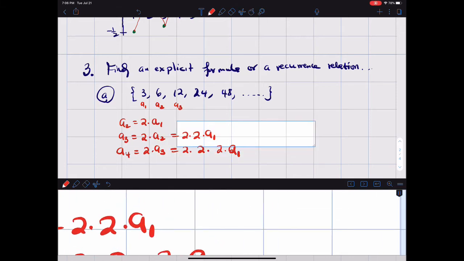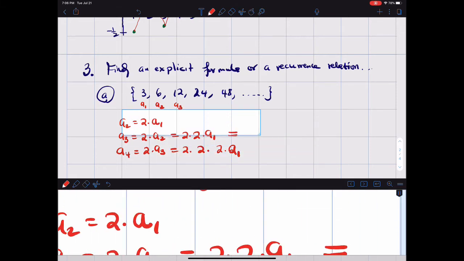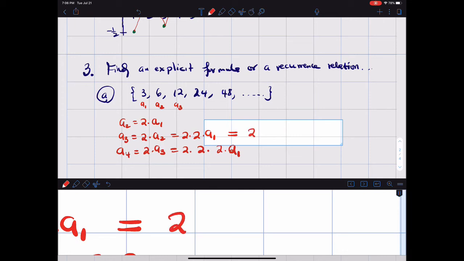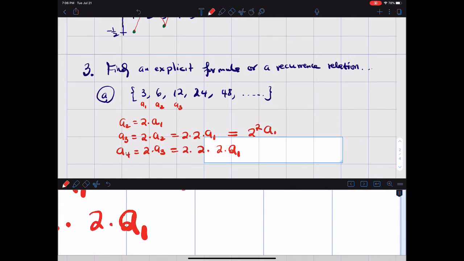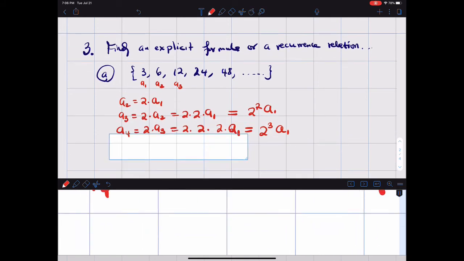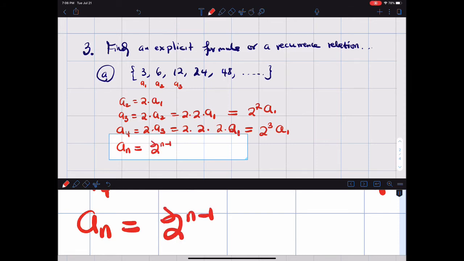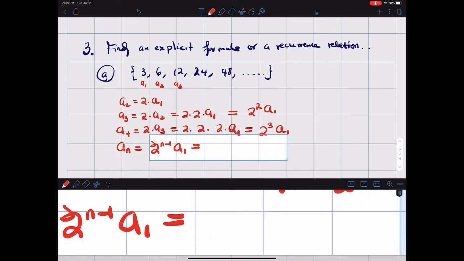I think we get a pattern here. A2 is 2 A1, A3 is 2 squared A1, and A4 is 2 cubed A1. So we can say that a_n is 2 to the power of n minus 1 times A1, but A1 is 3. So this is just 2 to the power of n minus 1 times 3.